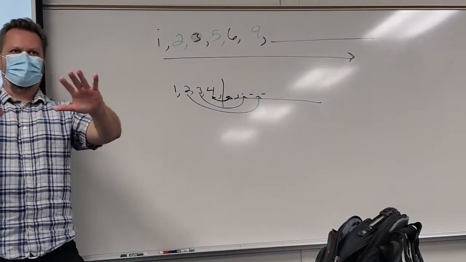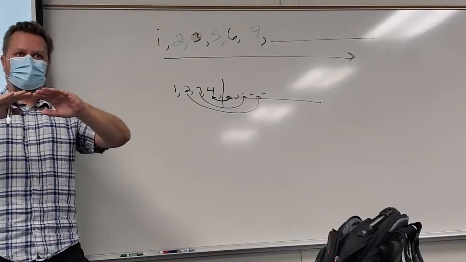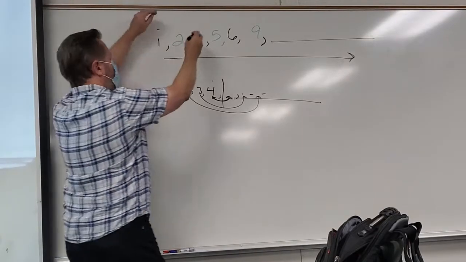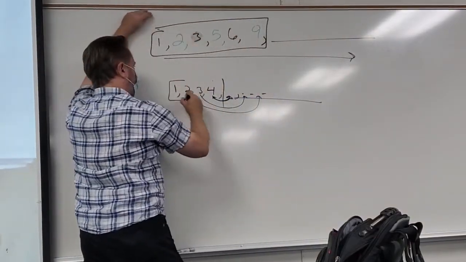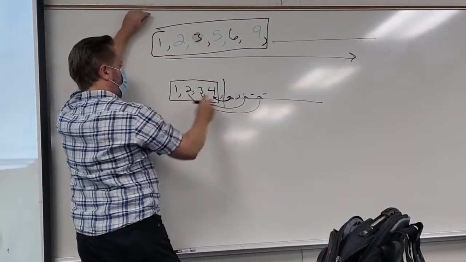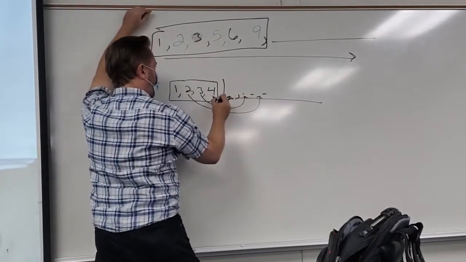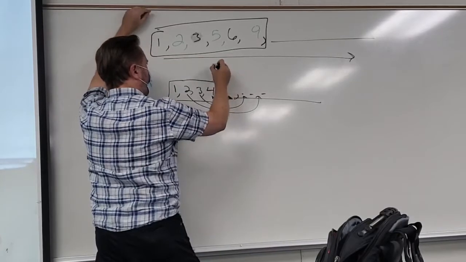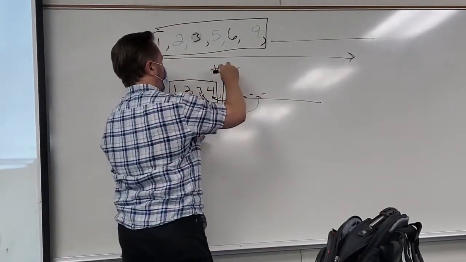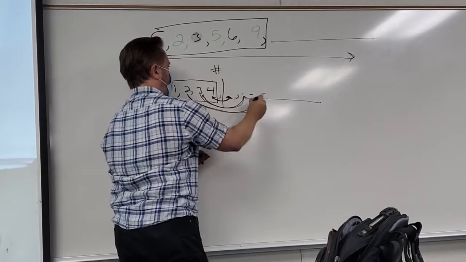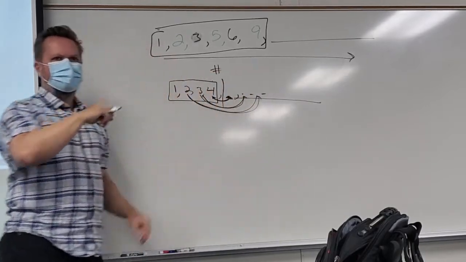What do you mean by that? This right here is like this piece. And then the rest of it is going to be the number that goes with 4 to make the end result, the number that goes with 3 to make that same number, the number that goes with 2 to make that same number.